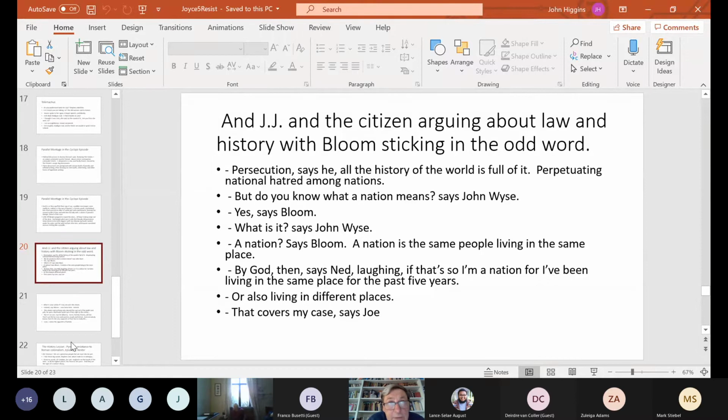And as I mentioned before, it's really important to get hold of the basics of the book. And it's this, as Adam was saying yesterday in conversation, Ulysses is such an Irish book.